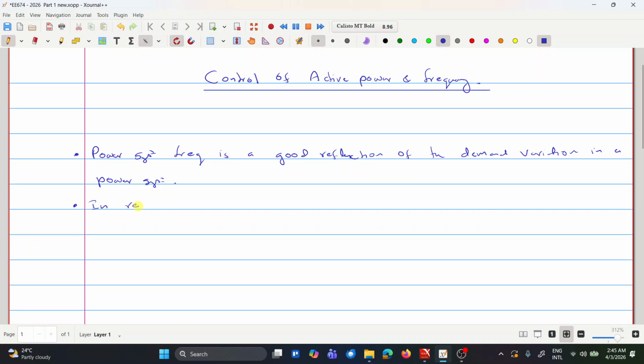In power systems, frequency is maintained in a tight limit, like plus or minus 1%, right? So in Sri Lanka, we are talking about 49.5 to 50.5 hertz.